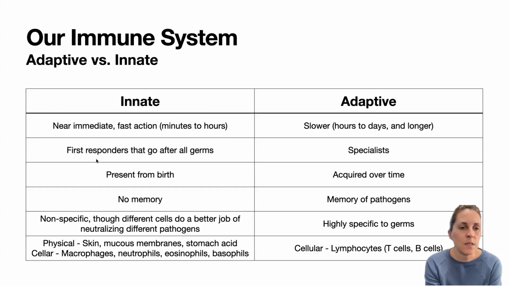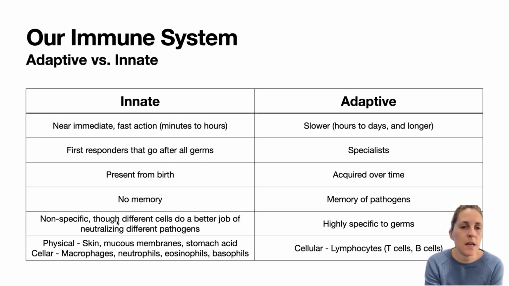With the innate immune system, those include our first responders that go after all germs, whereas our adaptive immune system is composed of specialists. These are immune cells and components that are highly specific to different pathogens. The innate immune system is present from birth, whereas the adaptive immune system is something that is acquired over time.